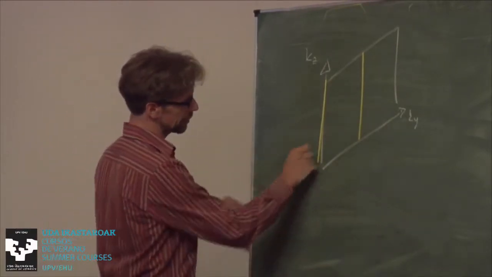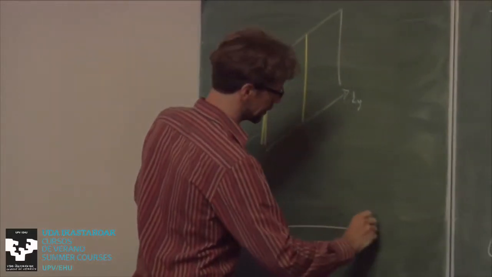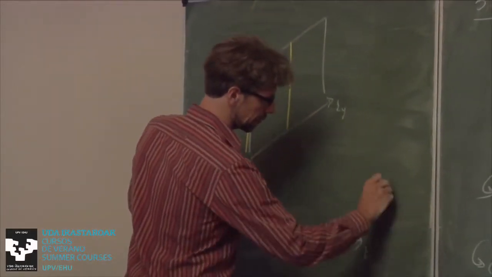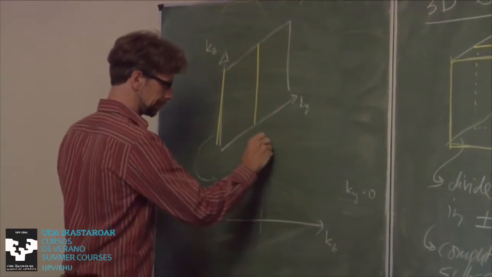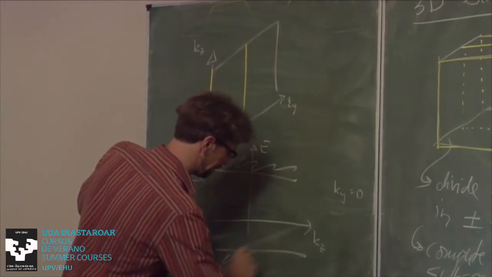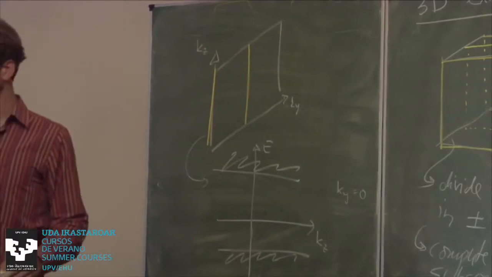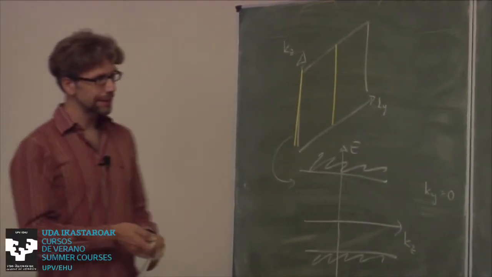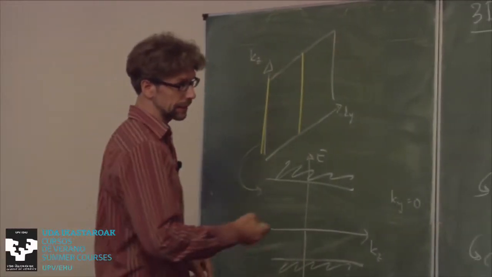So if I look at the electronic structure on this line, as a function of kz for, say, ky equal to 0, well, I'll have some bulk bands. And then let's look at the case where the mirror Chern number is 1. What does that mean? It means that I have one chiral mode.